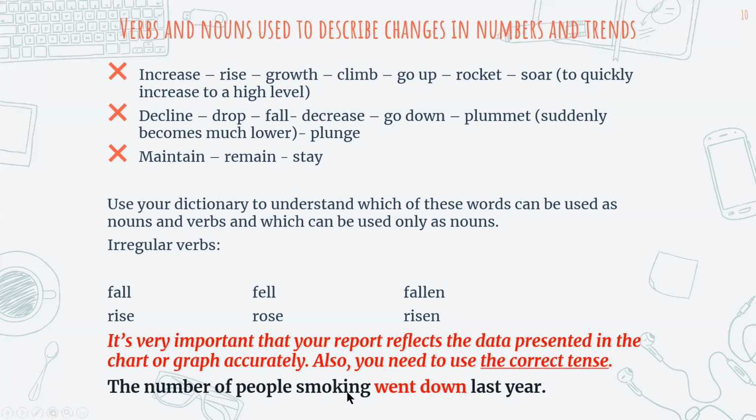The number of people smoking went down last year. Went down. I will not say go down. And I said last year, so I can't use the present perfect simple. We talked about that in the intermediate course, and of course most of you, if not all, are advanced users of the language, so you already know that.